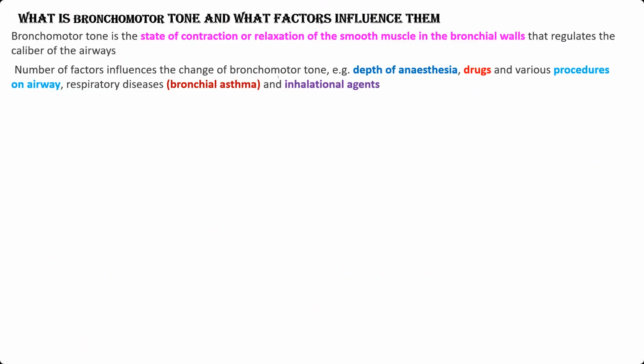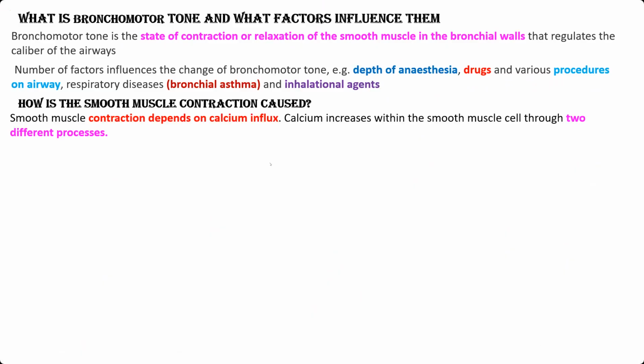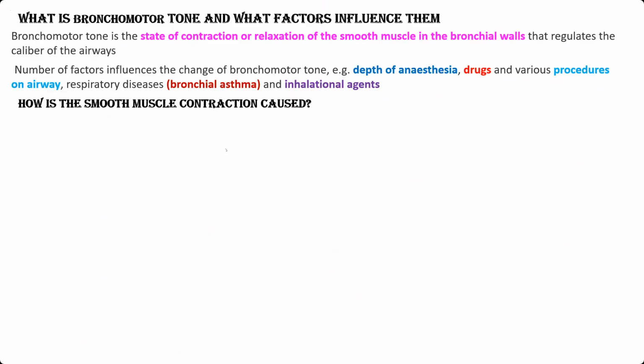And the factors which affect the bronchomotor tone, especially the depth of anesthesia, right? The plane of anesthesia can induce an increase in the bronchomotor tone and produce bronchospasm, or some drugs and vasoactive substances, inhalation agents, can all increase the bronchomotor tone. So how is the smooth muscle contraction caused in the bronchial smooth muscles?